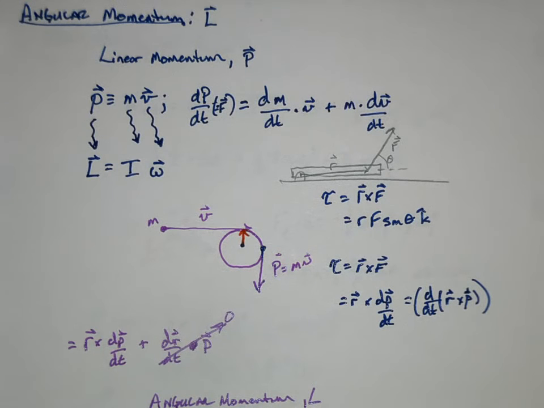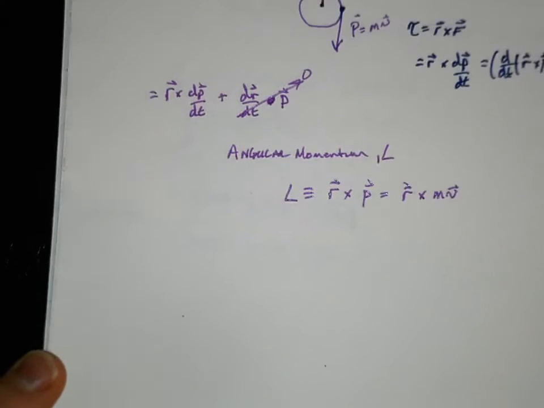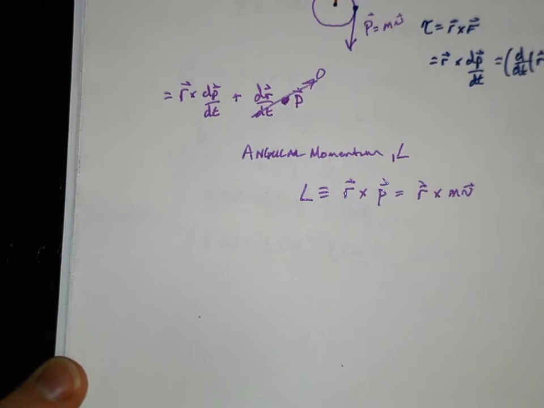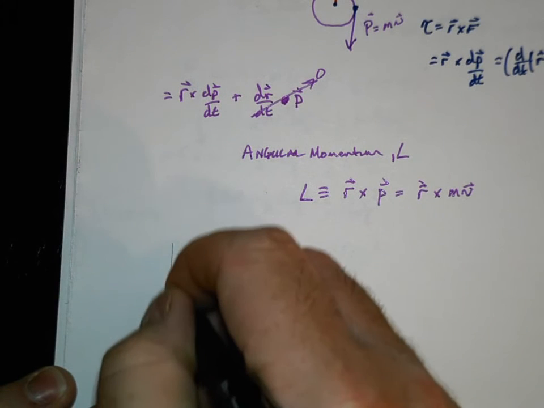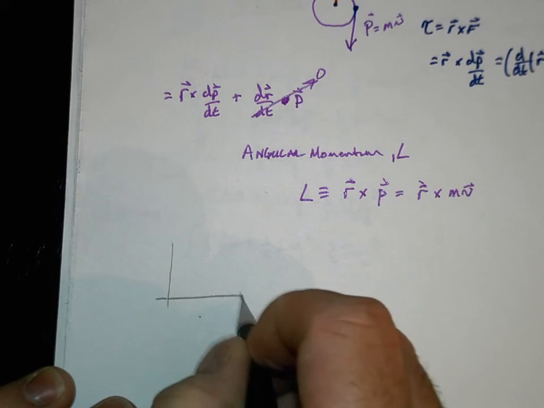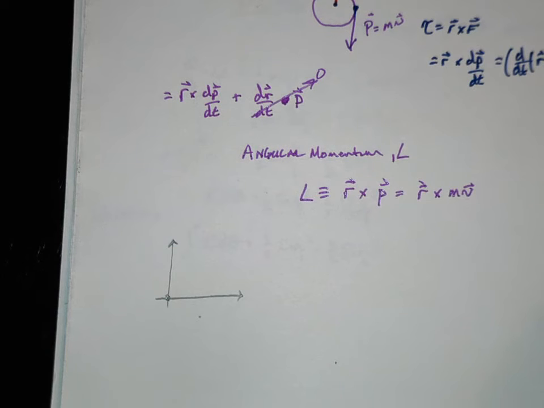Now, this process carries out like it normally does. If you have a whole bunch of these particles, if we set our x and y axis here, and we rotate around this point, and we have a whole bunch of individual particles here.